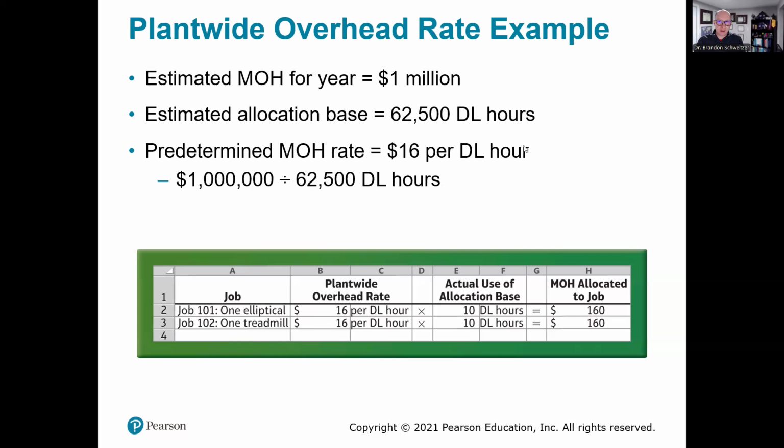We got $16 per hour. So we take that $16 per hour and we multiply that by the actual use of the number of hours. So $16 per hour times 10 hours for this job gives us $160 to be applied to that particular job. So that gives you an idea of how that works.